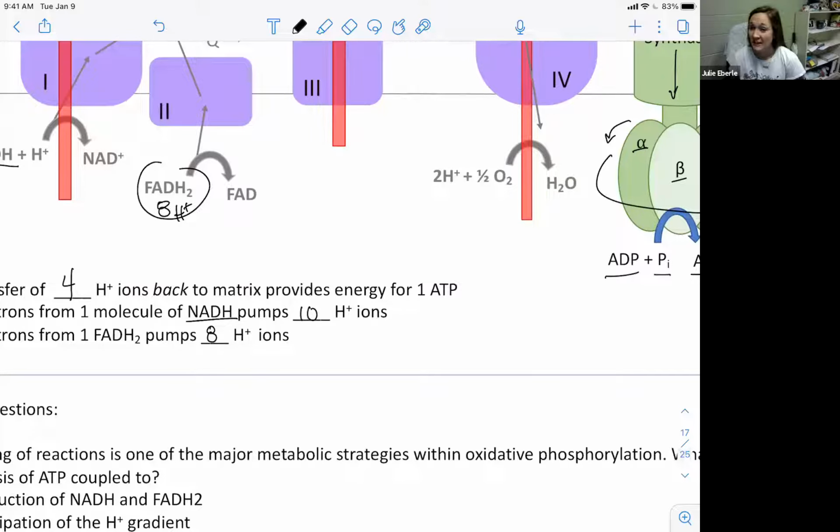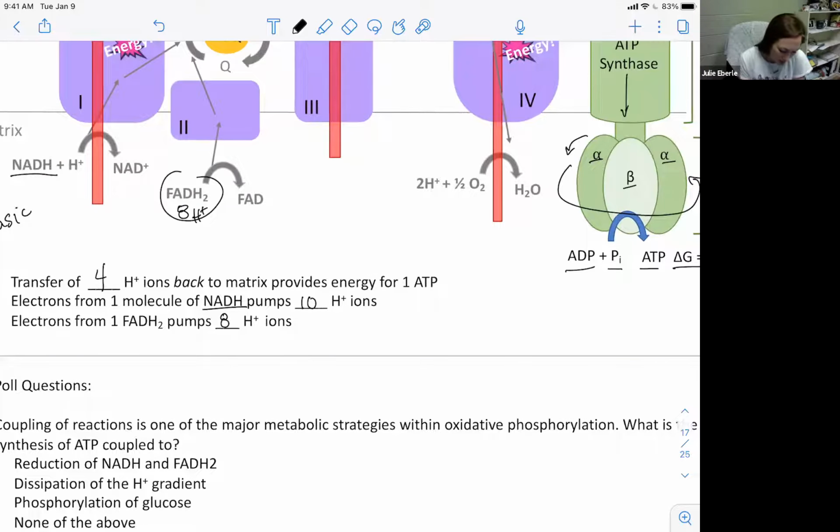Can you guys calculate that? It's a little bit of stoichiometry, if you remember that word. For every 1 NADH, we pump 10 hydrogen ions. So if we have 10 hydrogen ions, how many ATP can we get from that?